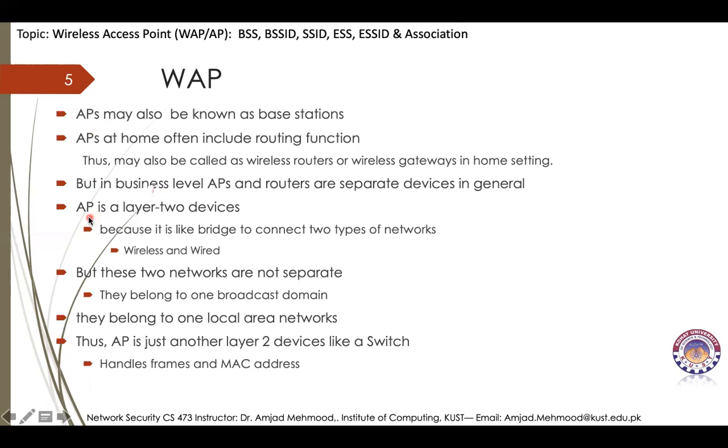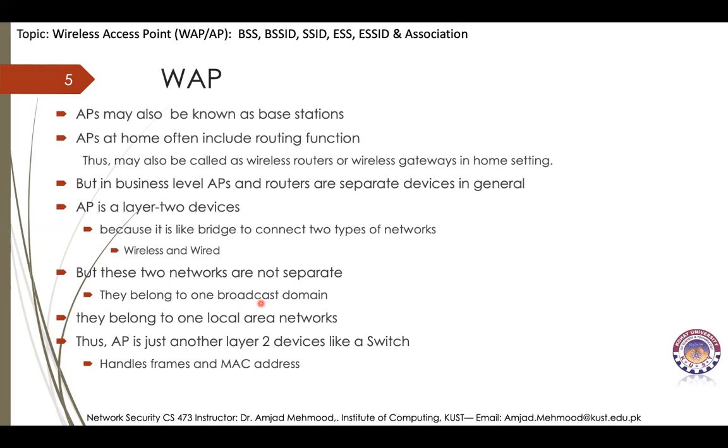AP is a layer 2 device, as I mentioned, but the two networks are separate, so they belong to one broadcast domain. What access point does is that it connects your wireless end with your wired end. So this is a layer 2 device, and one broadcast domain will be formed.